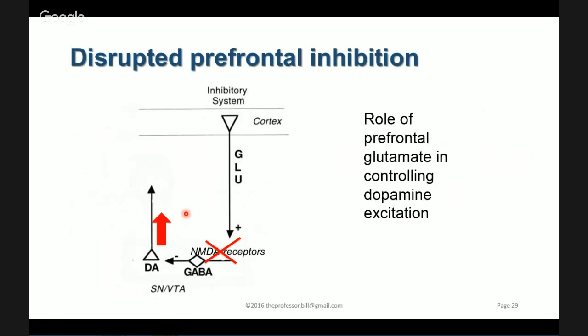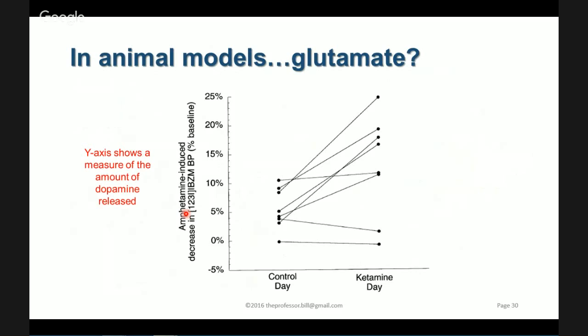For whatever reasons, either you don't have enough glutamate-containing neurons and it's underdeveloped, or there's a problem with the NMDA receptors. Whatever the issue is, we just don't have enough of a brake on this dopaminergic system. And that's one model that seems to hold up. And we have some experimental models as well.